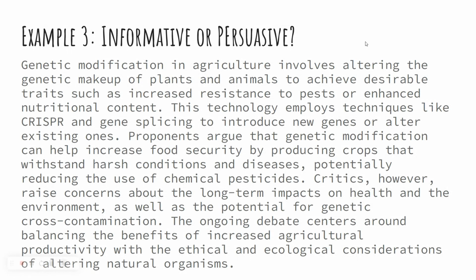Critics, however, raise concerns about the long-term impacts on health and the environment, as well as the potential for genetic cross-contamination. The ongoing debate centers around balancing the benefits of increased agricultural productivity with the ethical and ecological considerations of altering natural organisms. So what do you think of that?